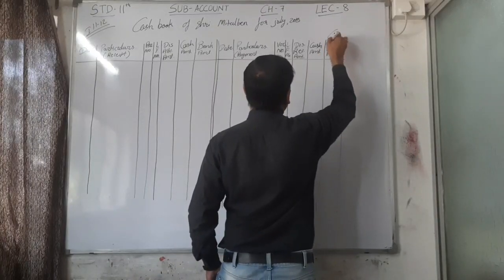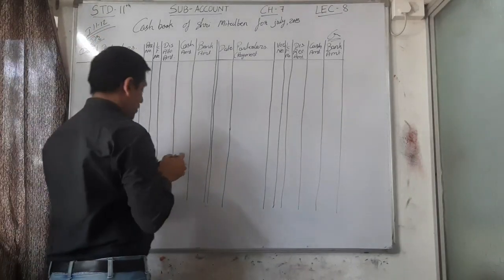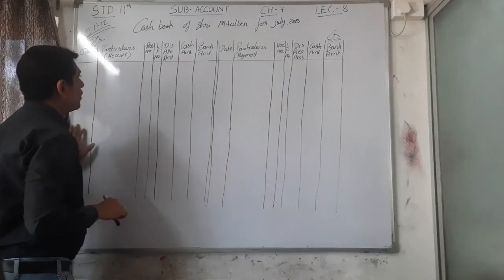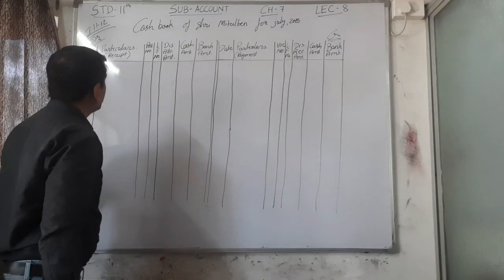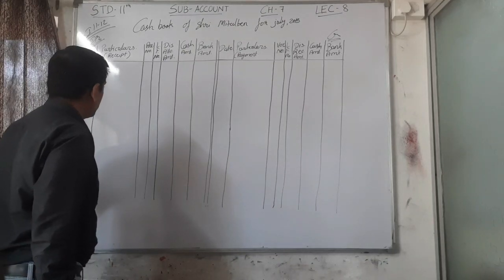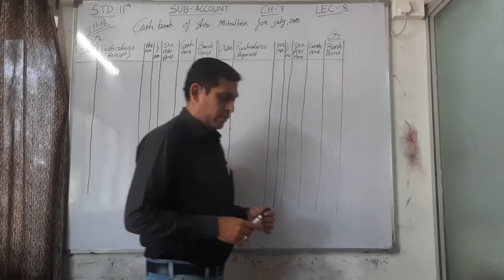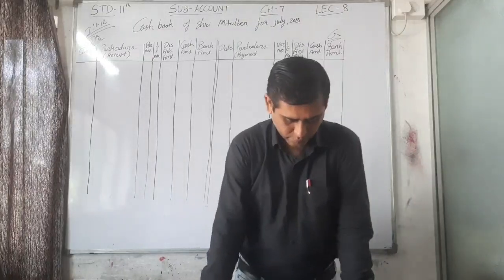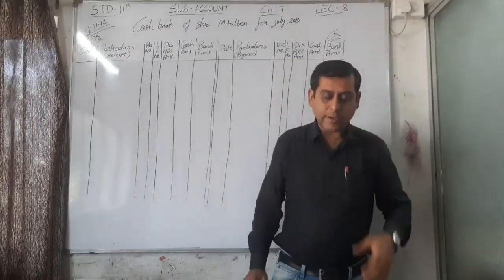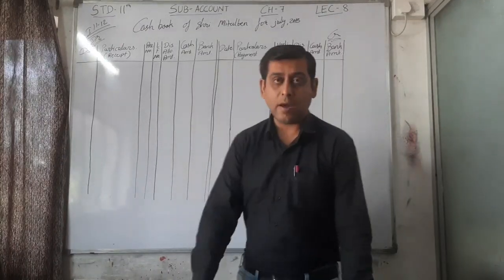This one is the credit side and this one is the debit side. First of all, draw this, and then we will discuss illustration number 12. I hope you have drawn the pattern, the table.